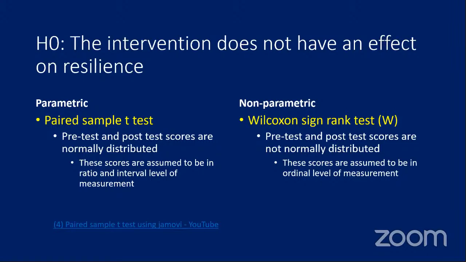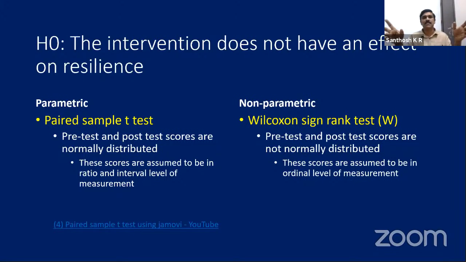So here, resilience pre-test and post-test are both in interval or ratio level of measurement. There is nothing nominal or ordinal here, so we are in the case of parametric testing. When we are doing an intervention like this, we are definitely playing with a pre-test and post-test with interval or ratio level of measurement.